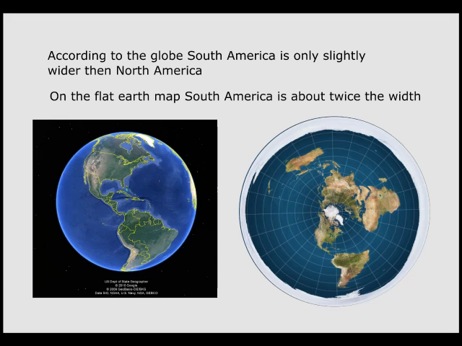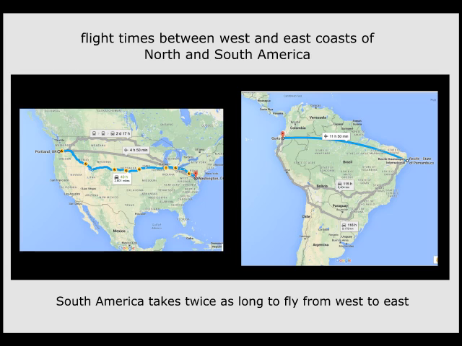So what I did is I looked into flight times of North America and South America. On the left here we see a flight time from Portland, Oregon to Washington DC, west coast to east coast of America. The flight time was 4 hours 15 minutes on Google Maps. Then we look at the west coast of South America to the east coast, Quito, Ecuador to Recife, Brazil.